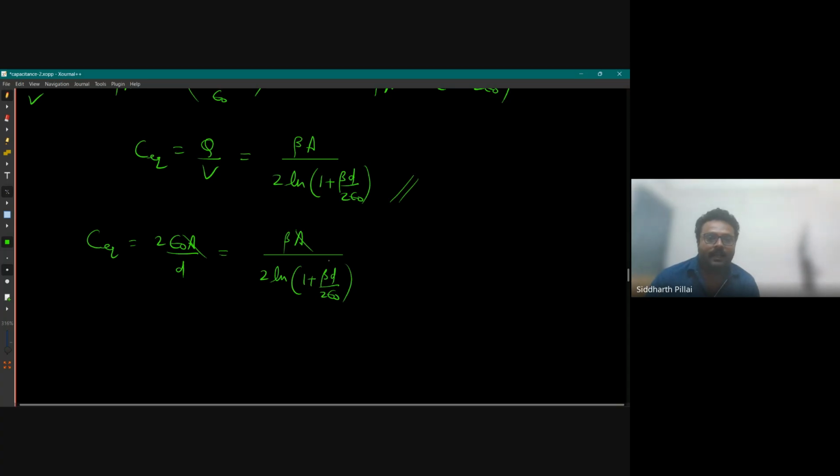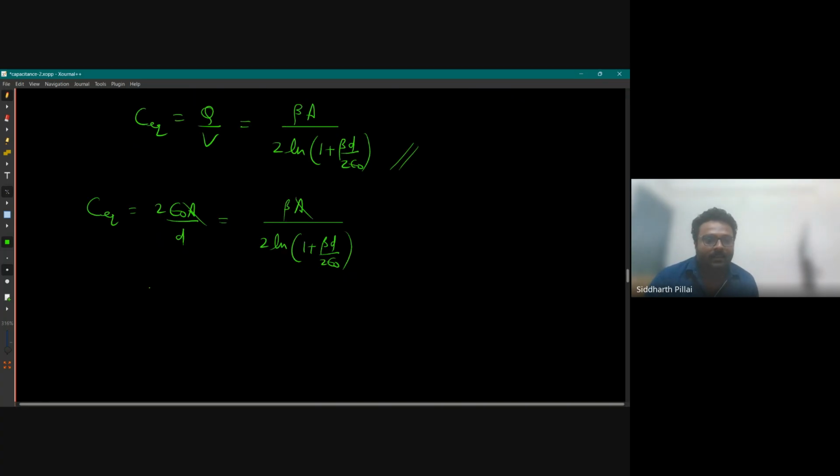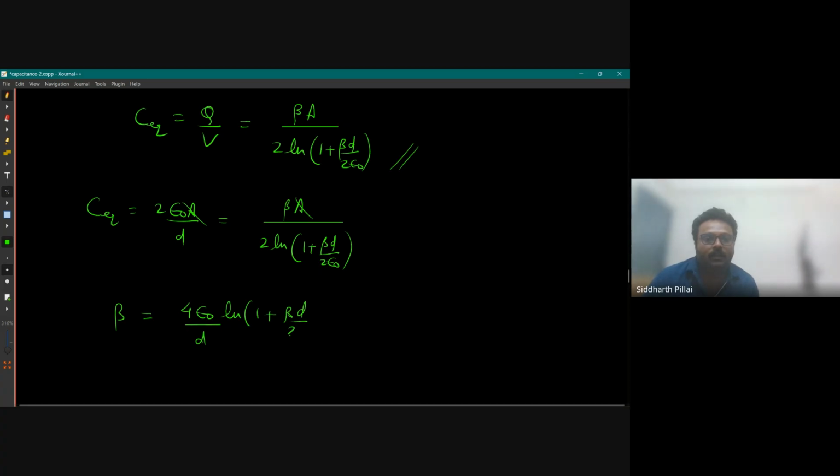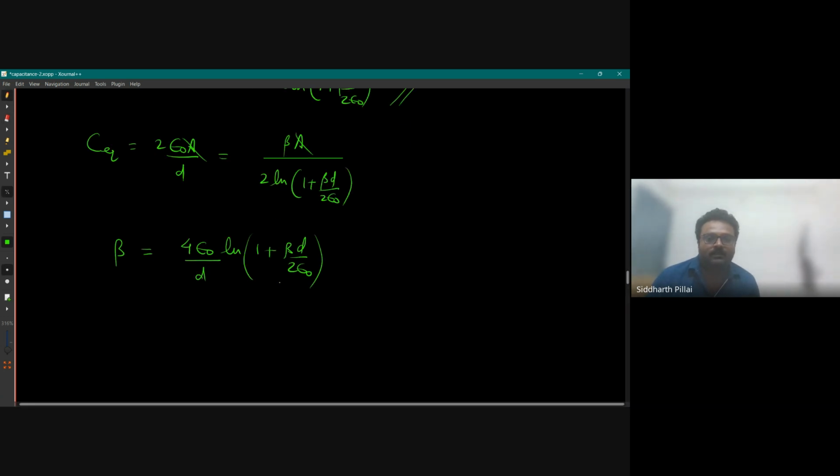I can cancel A, and that's the only thing I can cancel. I'll write beta equals 4 epsilon naught by d into ln (1 plus beta d by 2 epsilon naught). So this is an example of a transcendental equation.